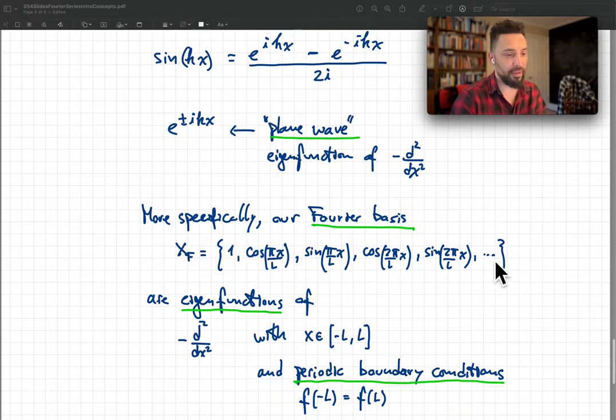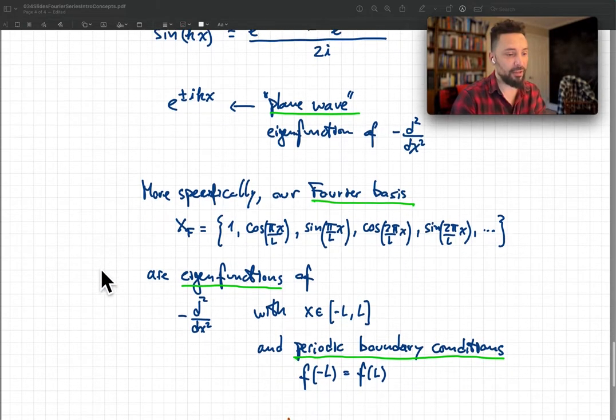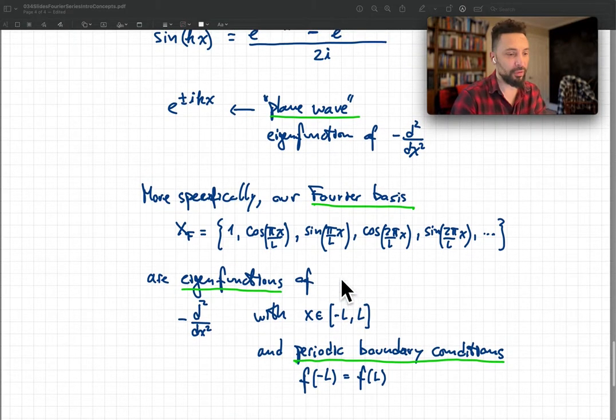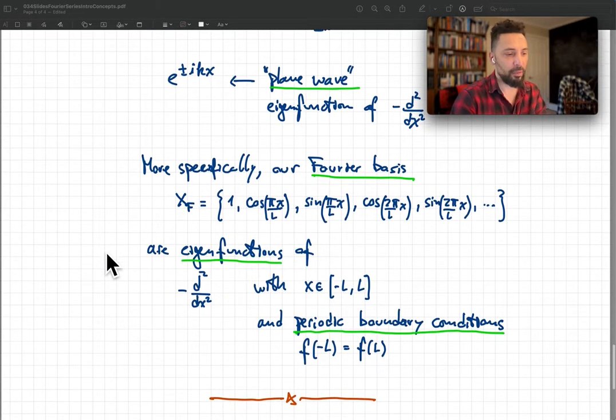Our Fourier basis, as written here, is an eigenfunction of this second derivative operator with a minus sign with periodic boundary conditions, not with hard wall boundary conditions. With hard wall boundary conditions, the cosines disappear from the basis and you obtain just the sines. But with periodic boundary conditions, such that the function at one endpoint is equal to the function at the other endpoint, then these are the functions.